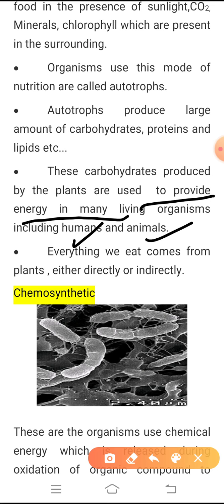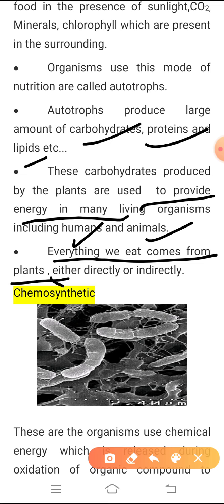So we get energy, right? We get energy from the plants. How do we get energy from the plants? Because the plants produce carbohydrates, proteins as well as lipids. So everything we get from the plants either directly or indirectly.